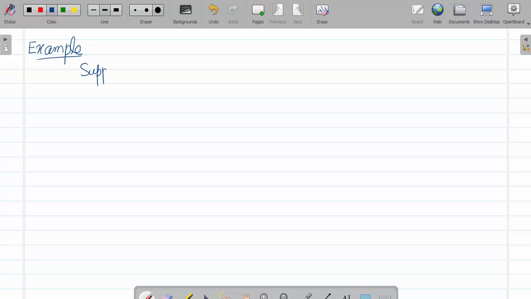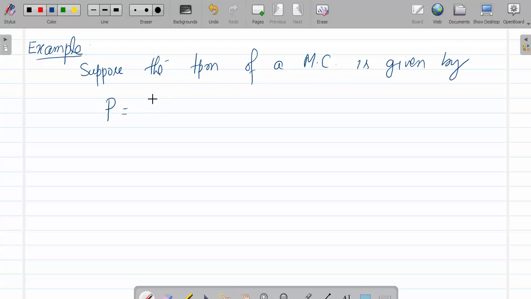Suppose the transition probability matrix of a Markov chain is given by P equal to [0, 1/2, 1/2; 1/2, 0, 1/2; 1/2, 1/2, 0].